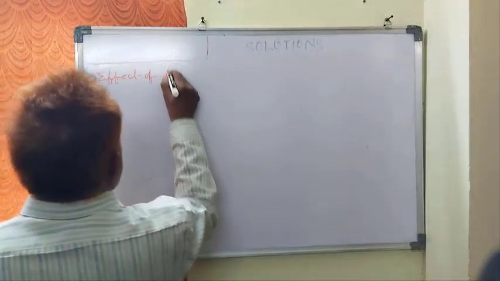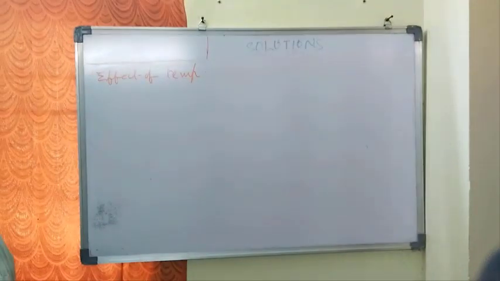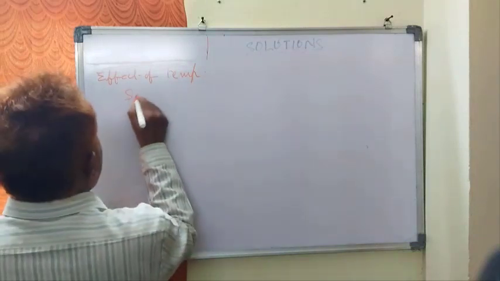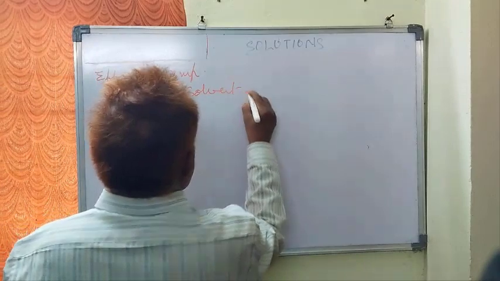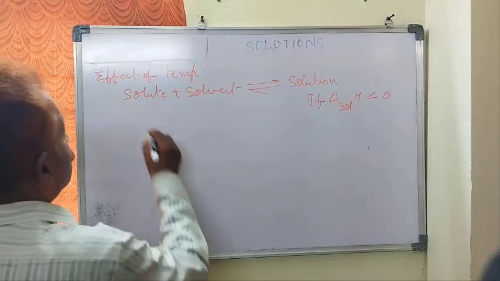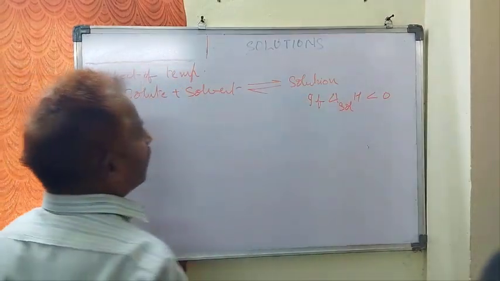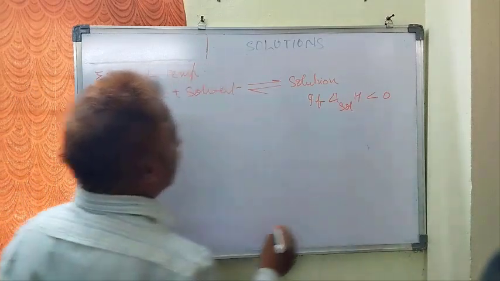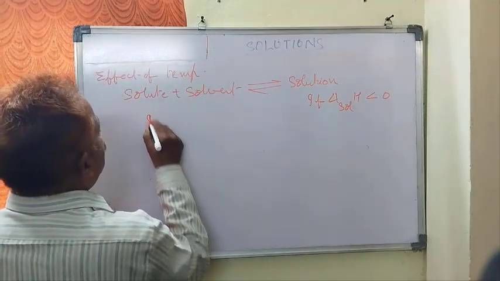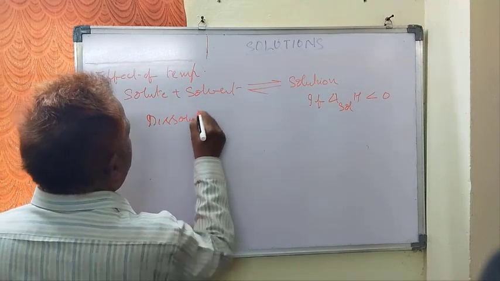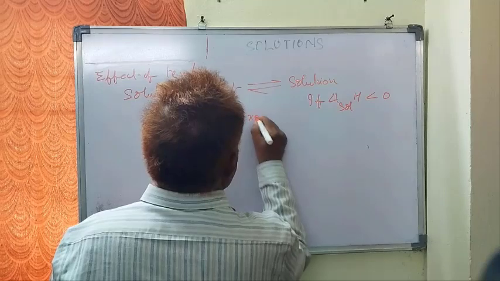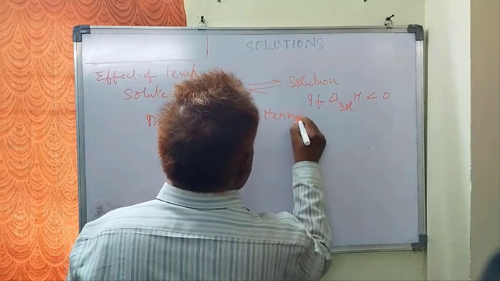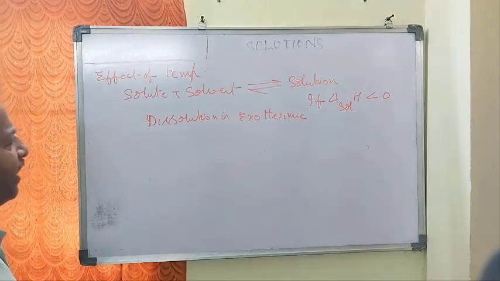Effect of temperature. If a solute is dissolved in solvent, then solution is formed, and of course it is an equilibrium. So solute plus solvent gives solution. If delta H solution is negative, that is, dissolution is exothermic, that is release of heat.